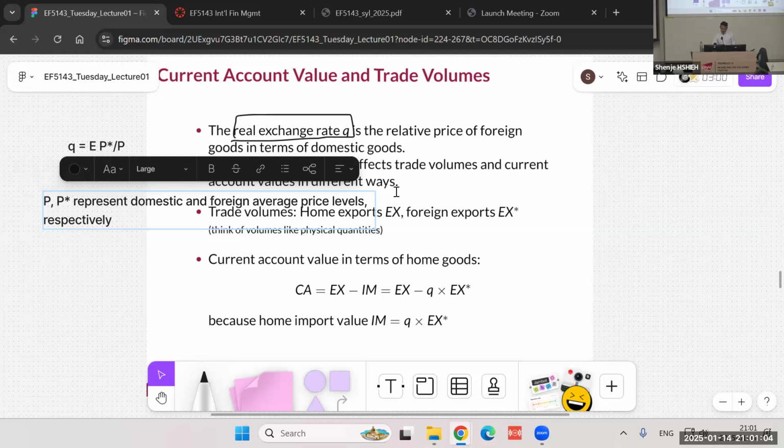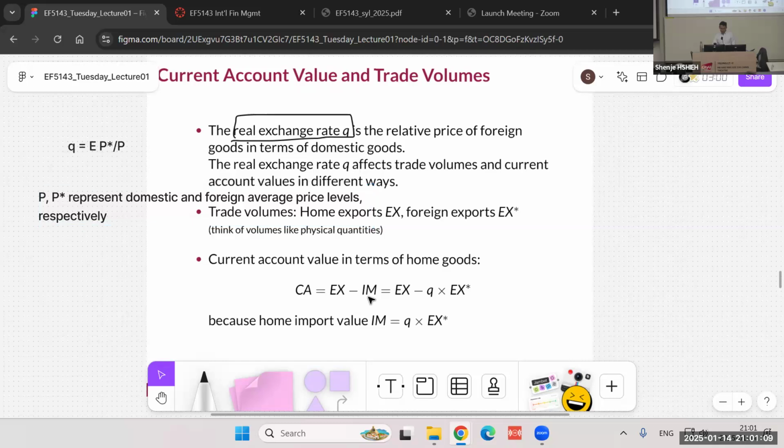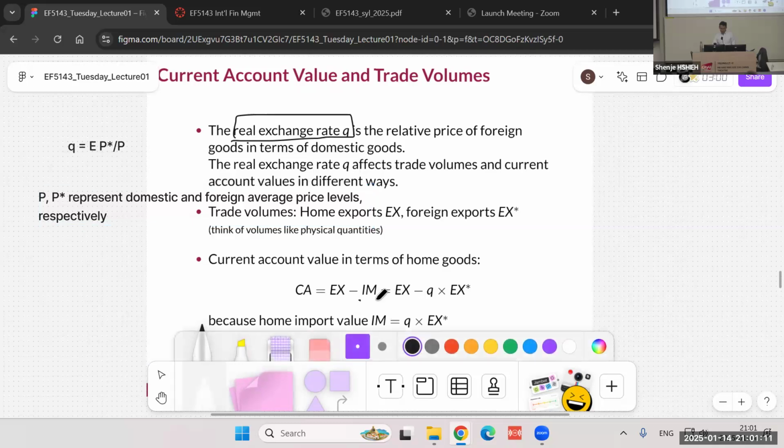So why am I using this? Well, I'm using this price ratio to convert domestic imports in terms of foreign exports. Imports and exports are two sides of the same coin, so to speak. If it's my import, it's somebody else's exports, but at different prices. So I need a way to convert prices from domestic to foreign. That's where Q comes in.